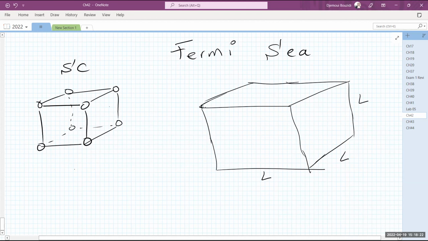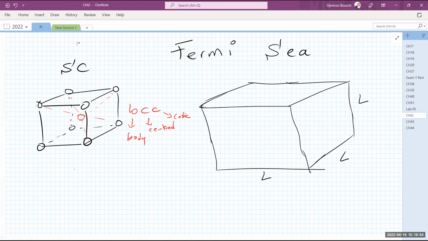So let me try to draw this one, find the center, where we draw the diagonals, and there is an atom in here. So this one is called a BCC, a body-centered cubic crystal, okay?